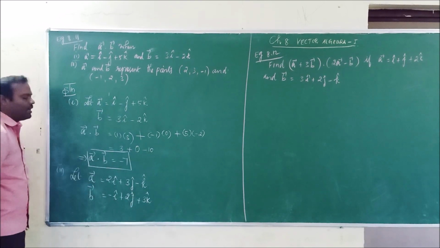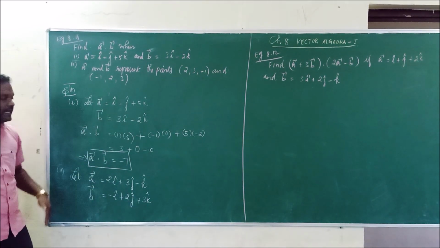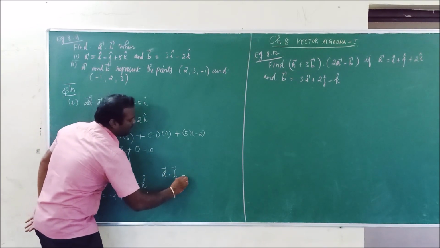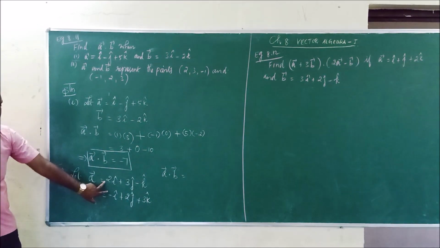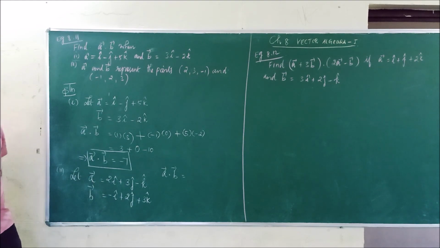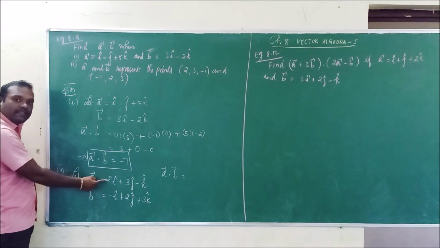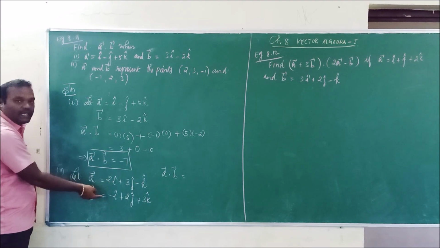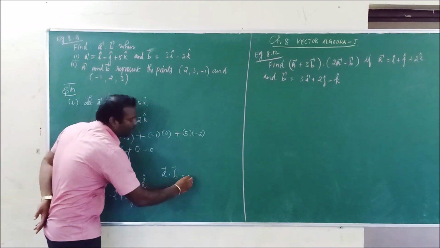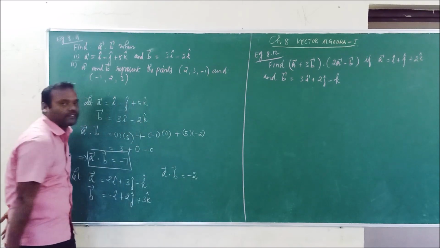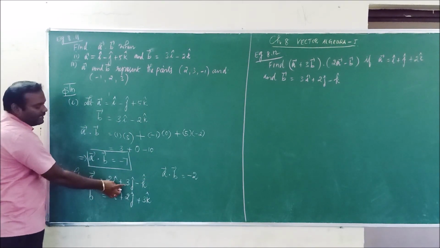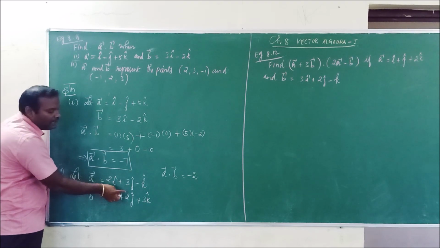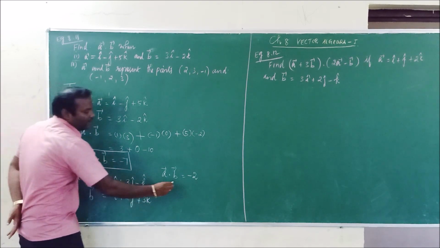After writing the vectors, you have to find the dot product, A vector dot B vector. Take the corresponding numbers and multiply. Listen. Here the I cap number is 2 and here the number is minus 1. So 2 into minus 1 is minus 2. Next, here the number is 3 and here the number is 2, so 3 2s are 6, that is plus 6.